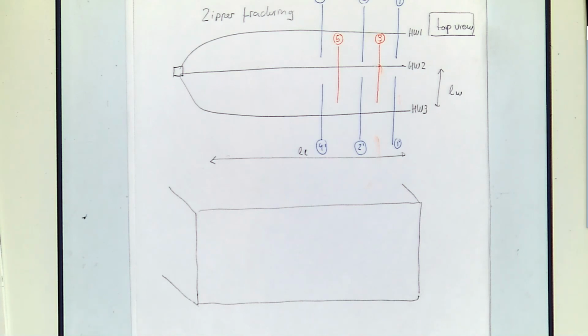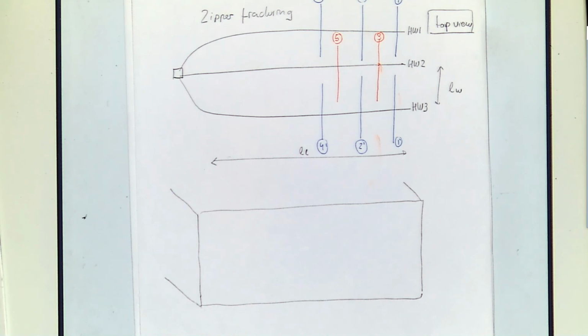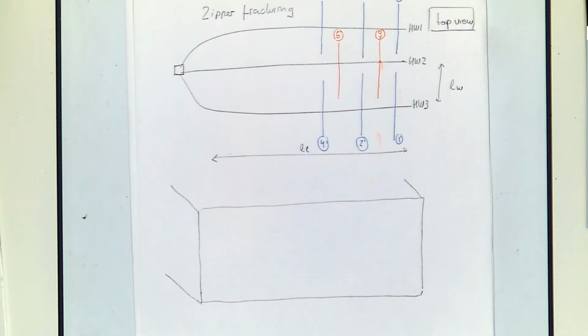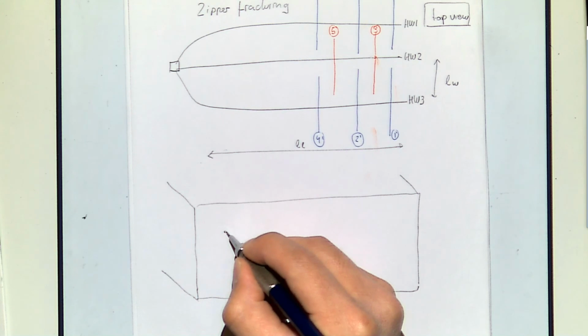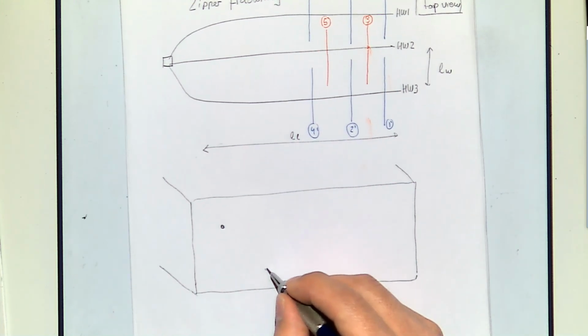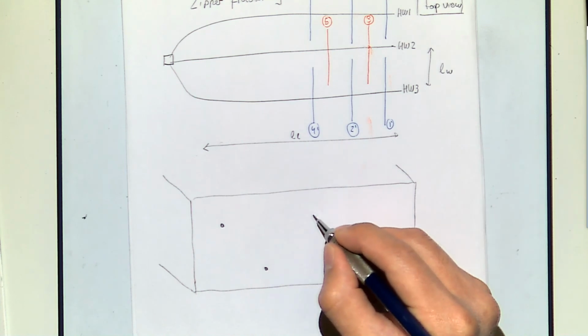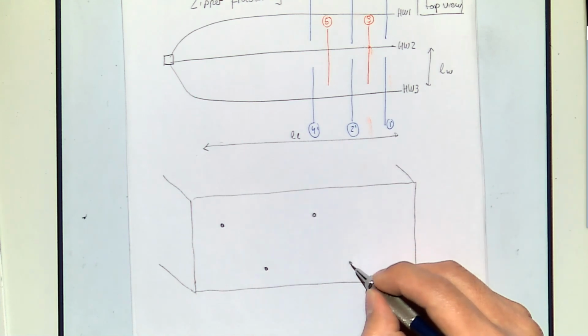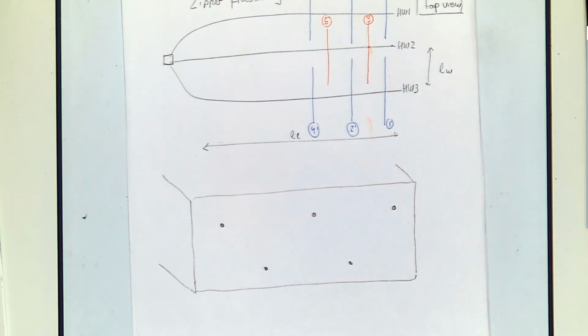Sometimes we assume that in simple models, but it doesn't really work like that in nature. So in order to take advantage of the full pay, you could place hydraulic fractures or horizontal wellbores which are offset in lateral distance and also in vertical distance.